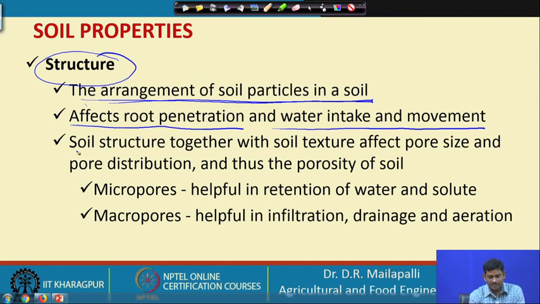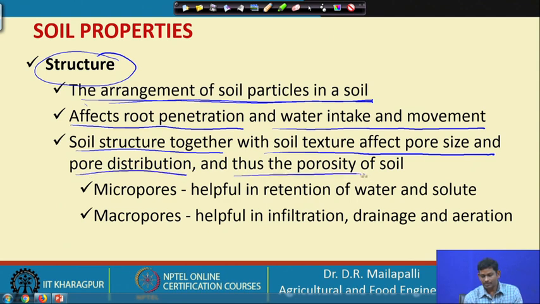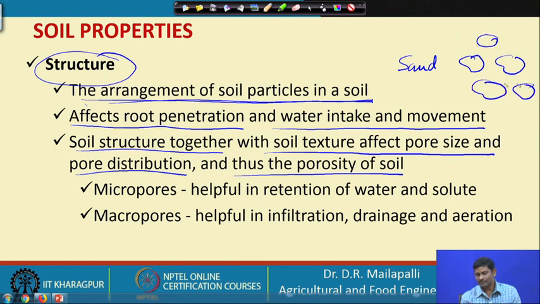So, the soil structure together with the soil texture affects soil pore size and pore distribution, and thus the porosity of the soil. For example, sand has bigger particles compared to other textures.